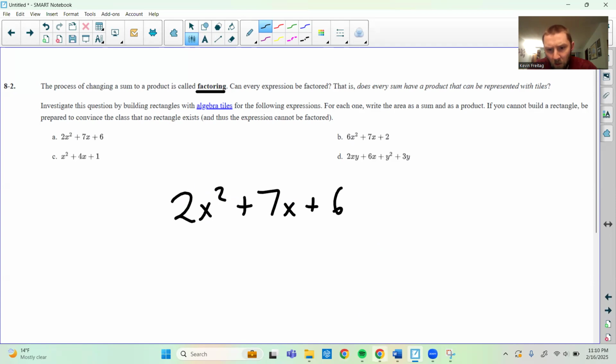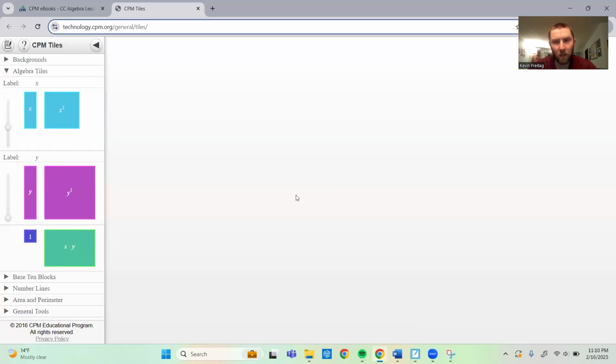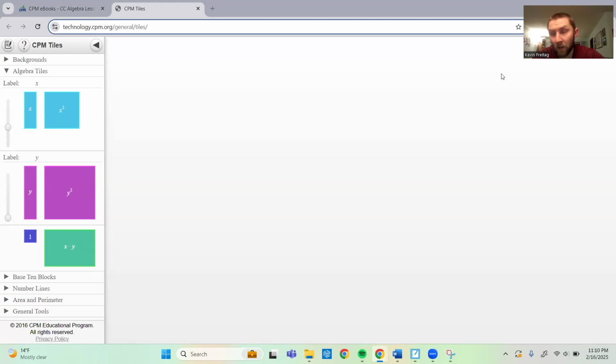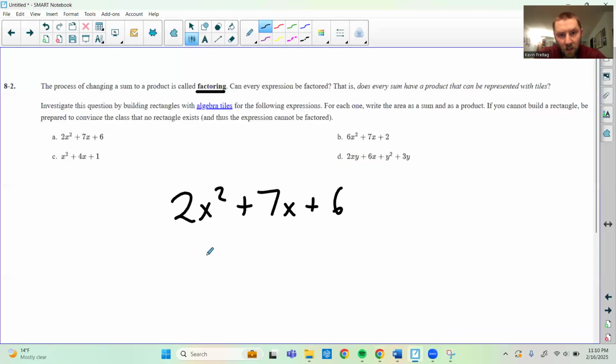If I click over to this screen, you can see I have a cool little interactive algebra tiles website from your textbook that I have linked on Google Classroom, so you can use this if you'd like. But I'm just going to click and drag out here some algebra tiles that correspond to this expression here, 2x squared plus 7x plus 6.